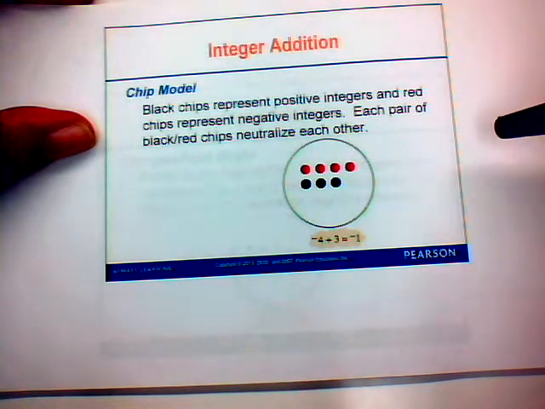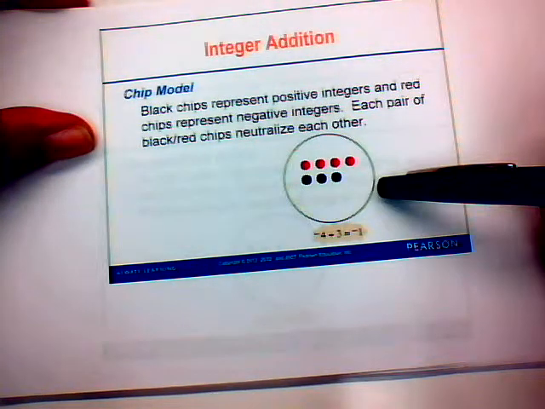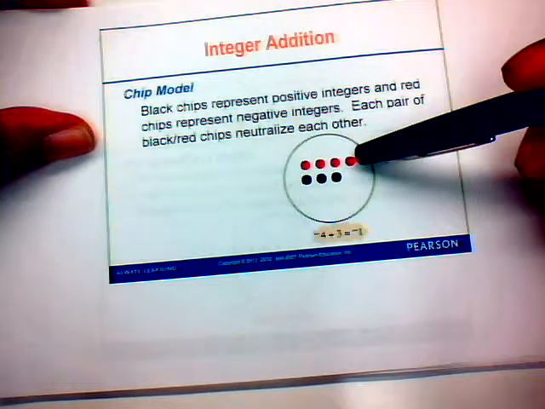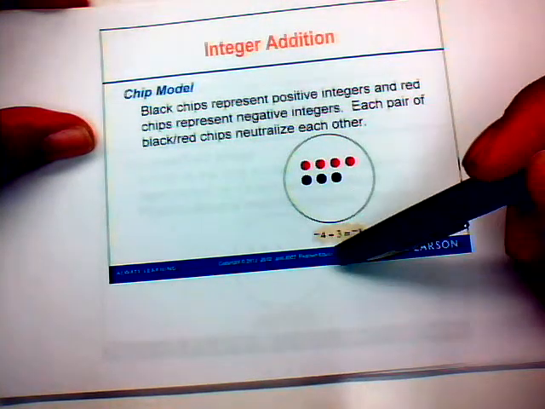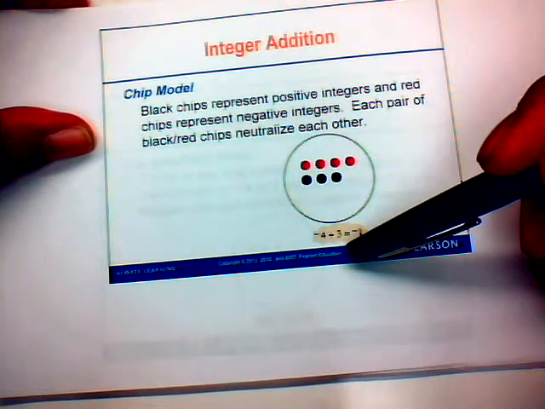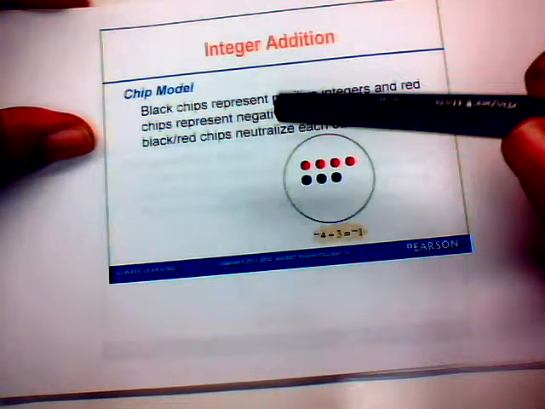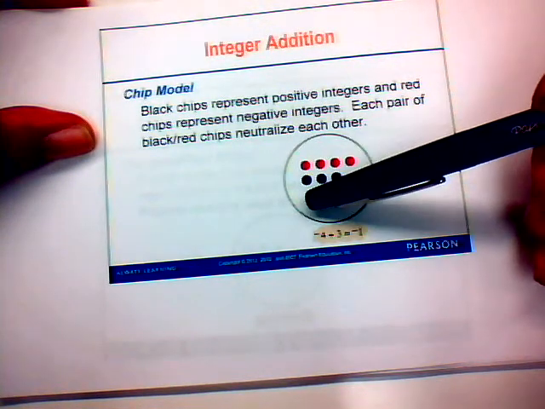a 0 pair. So in this case, in this illustration here, this represents negative 4 because we have four red chips and 3 black chips. That represents positive 3. So we have negative 4 plus 3. And when we combine that, a black and a red chip create a 0 pair.